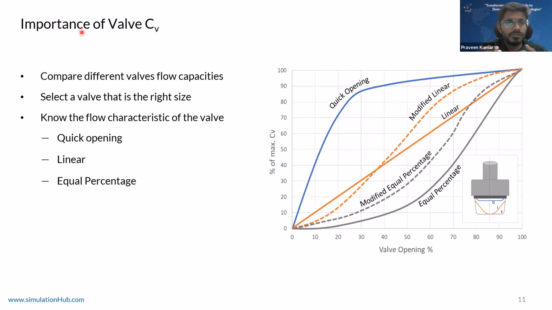So there, the possibility of cavitation rises. So proper sizing of valve is important, and CV helps. Accurate CV values are very critical to assist your end user to select the right size for the application.